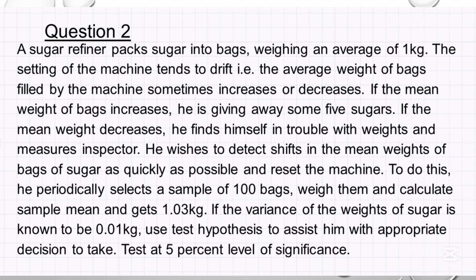So from our question, we can identify the null hypothesis, because they said a sugar refiner packs sugar into bags weighing an average of 1 kg. So it is going to be written as your null hypothesis: the population mean equals 1.